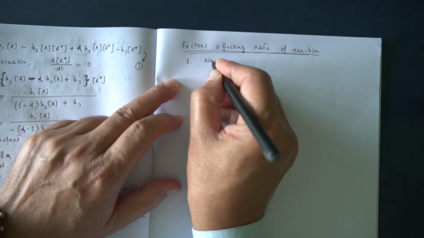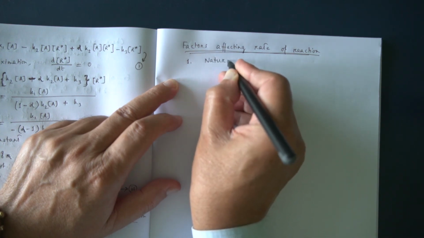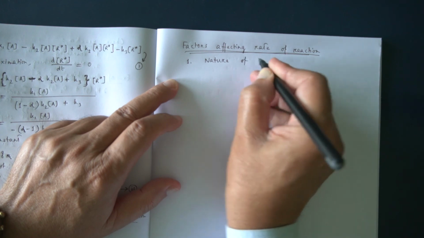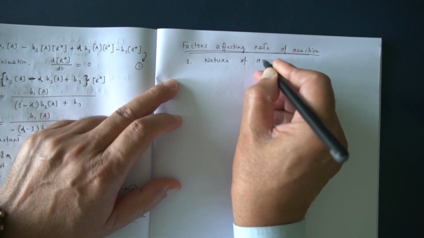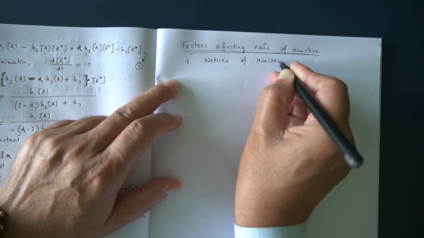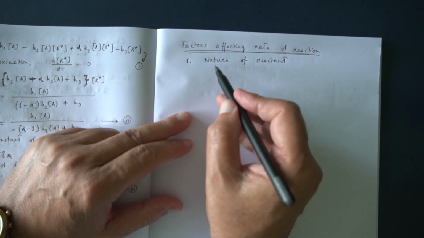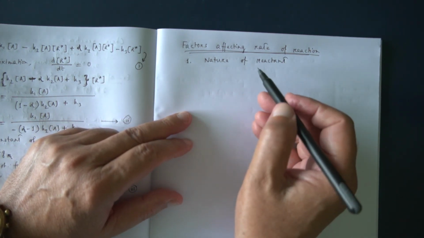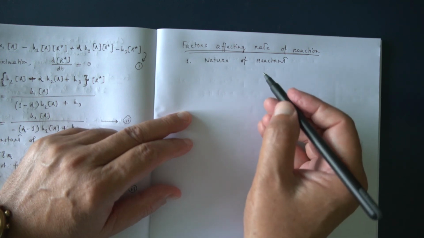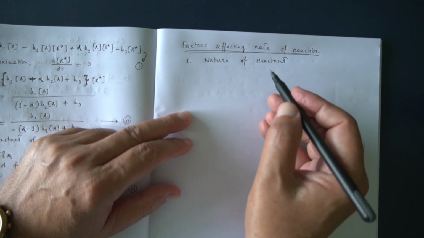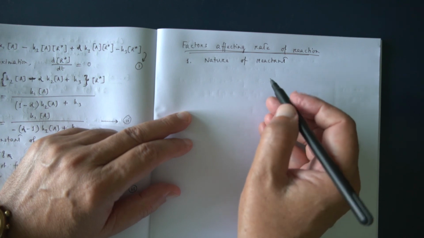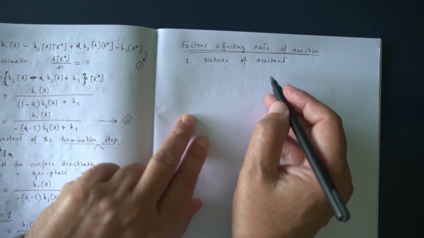Number one is nature of reactant. Nature of reactant means if the reactant changes, obviously the speed of the reaction, that is the rate of reaction, will change.